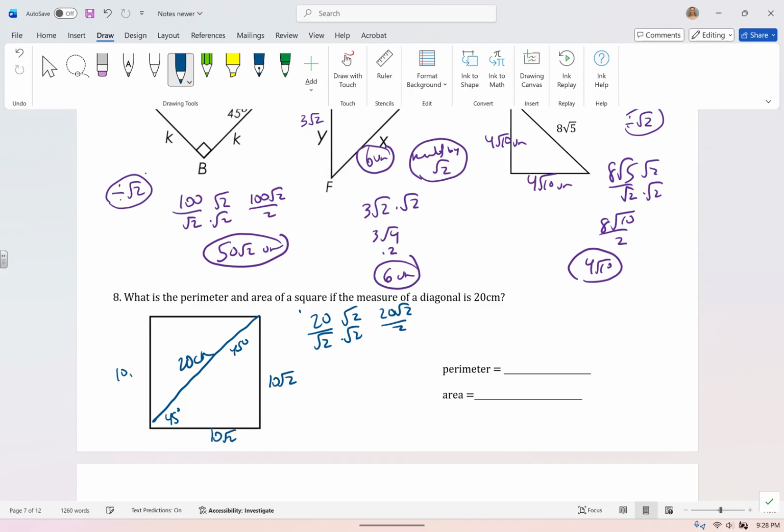That means that all 4 sides of this square are 10 root 2. So the perimeter would be 10 root 2 plus 10 root 2 plus 10 root 2, 4 of them, or you can times it by 4, and you get 40 root 2, and that is going to be in centimeters. To do the area, you're going to do base times height, or 10 root 2 times 10 root 2, which is 100 root 4, which is 2, so that'd be 200 centimeters squared.